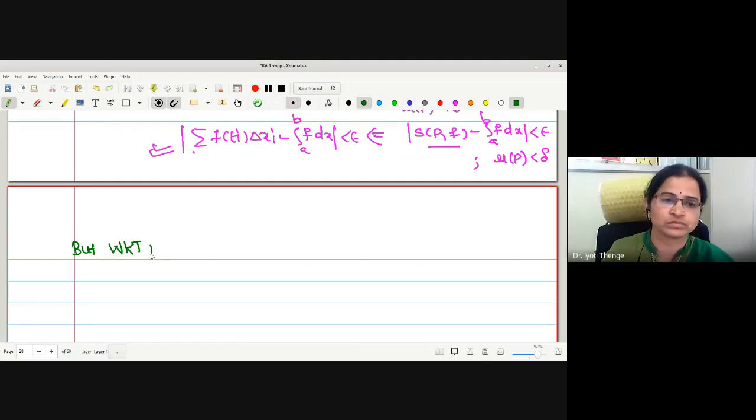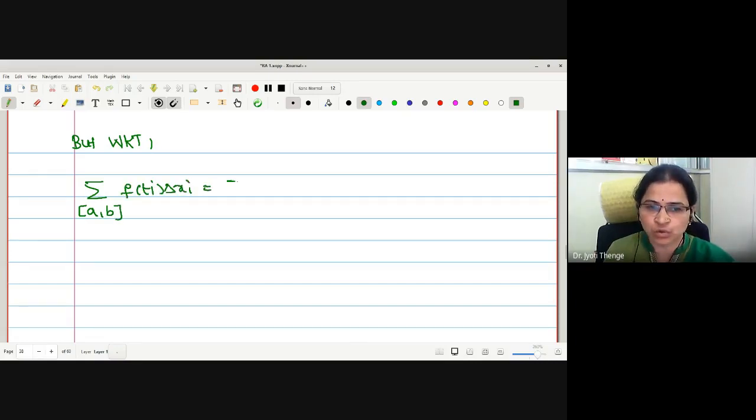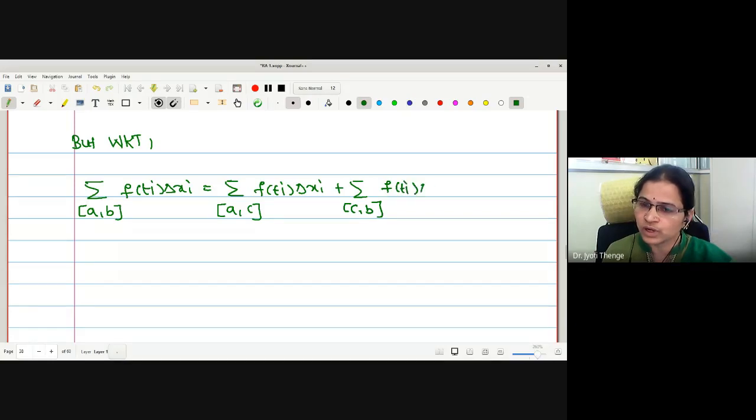What do we know? Summation on closed interval a to b f of ti into delta xi is equal to summation on a to c f of ti delta xi plus summation c to b f of ti into delta xi.